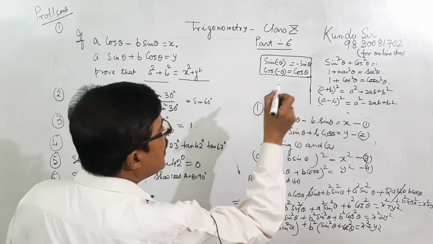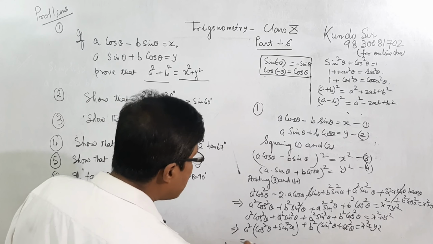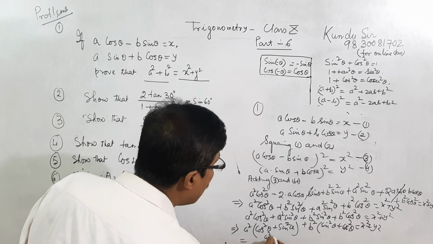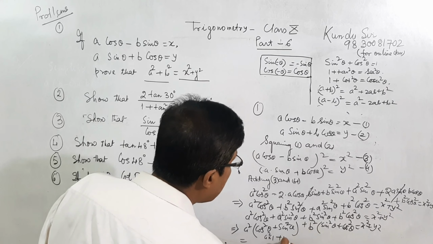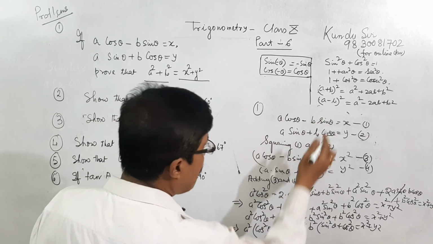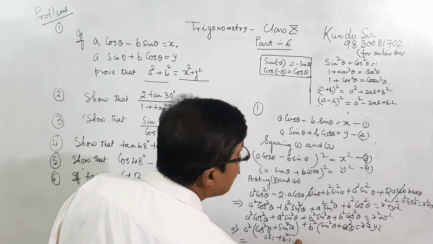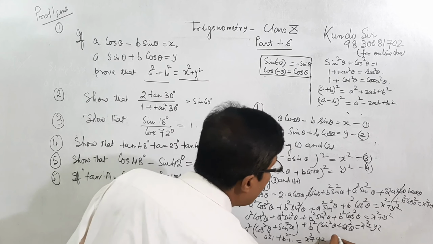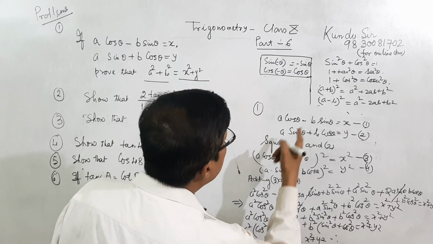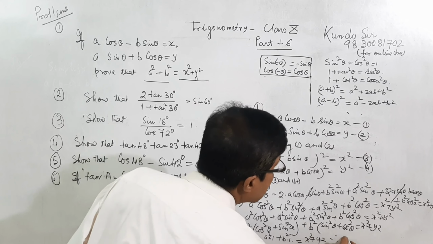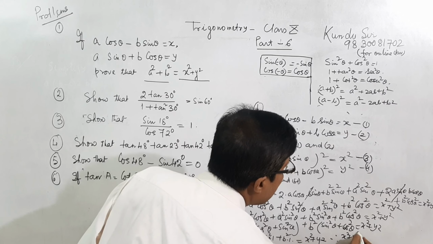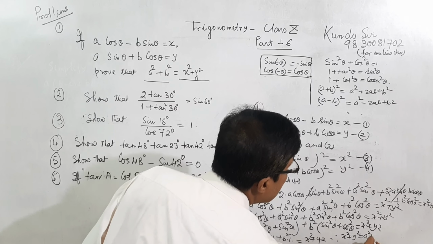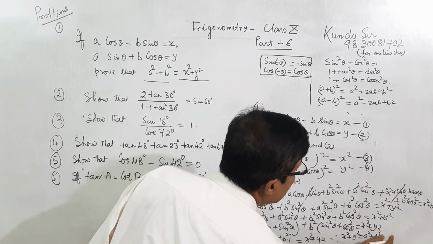We know sin square theta plus cos square theta is 1, so a square into 1 plus b square into 1 equal to x square plus y square. Therefore, our required answer is x square plus y square equal to a square plus b square. Proved.